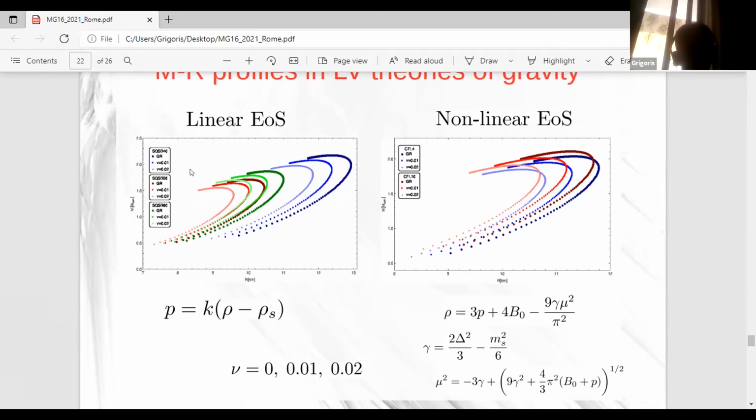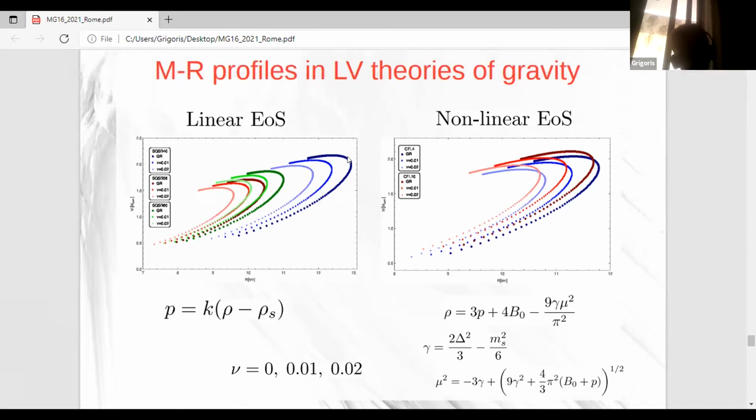In this case, we have considered three different linear equations of state for different values of K and rho s. And you see that within Horava-Lifshitz gravity, the profile is shifted in this direction. So the largest radius and the largest mass are reduced compared to the GR case.